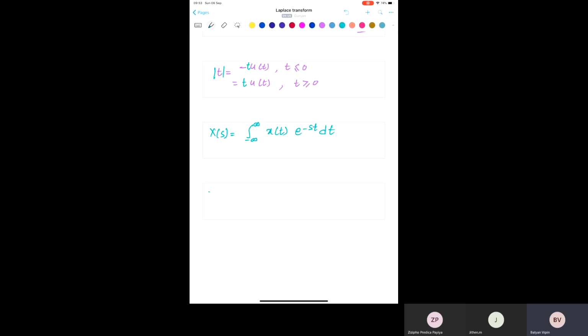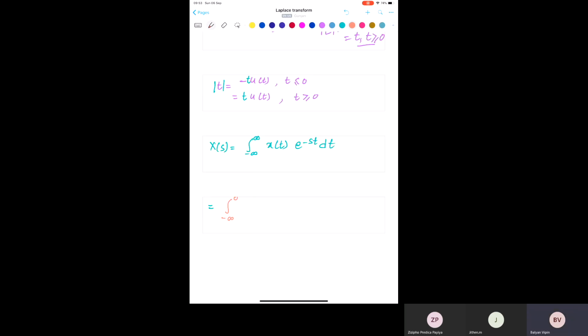So I'm writing it. Maybe you have some questions, you can ask. So it is minus infinity to 0, what does it equal to? t into, and 0 to infinity.